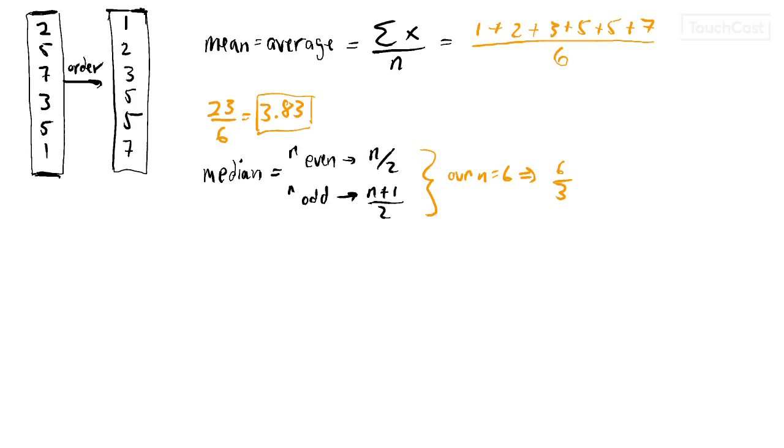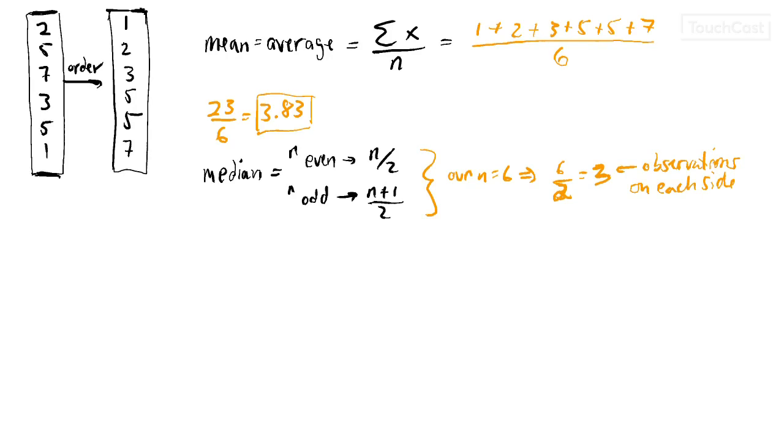But anyway, so I have 6 divided by 2, which is 3. I transposed those by accident, sorry. So what that means is I need 3 observations on each side.